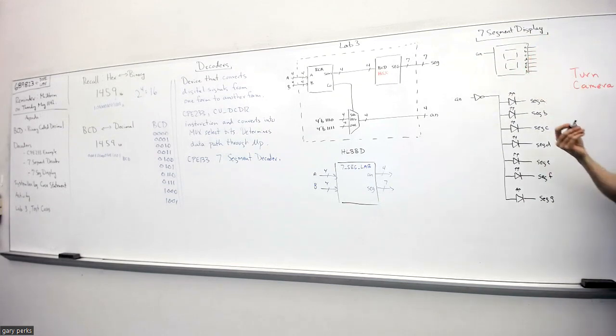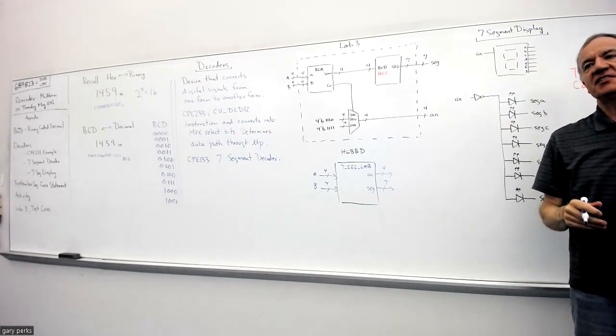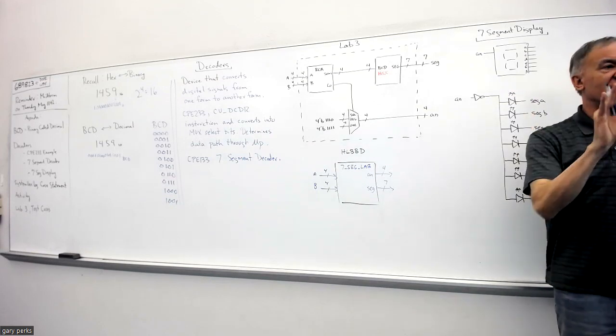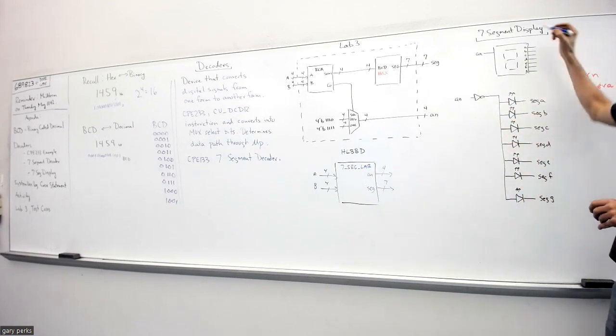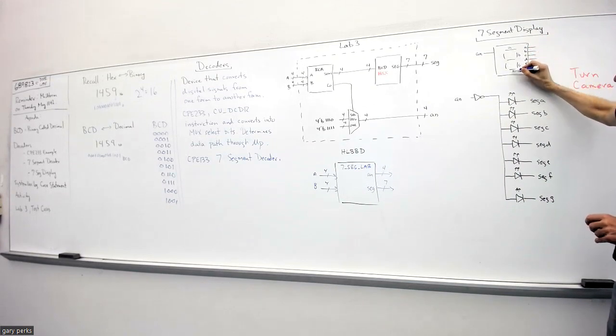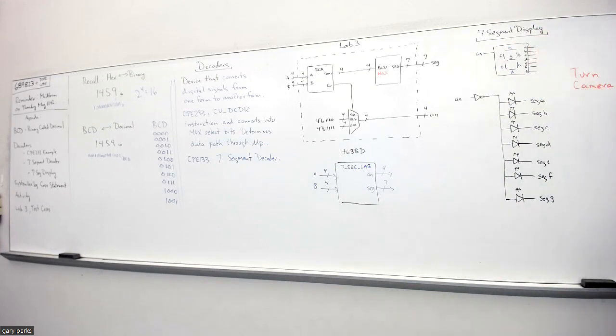And the convention, and this is something I've always seen the same, I haven't seen anything different when it comes to 7-segment displays, so I think it's pretty much universal: the top segment is the A segment. The B segment. The C. This is the D. And that's the G segment.